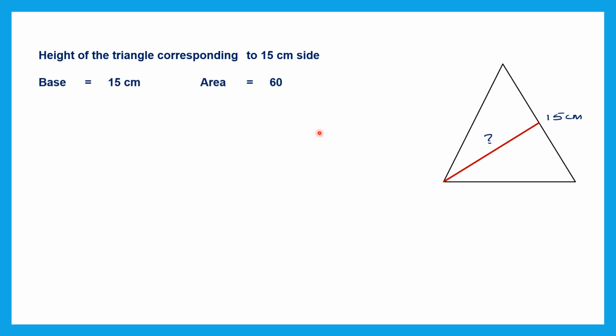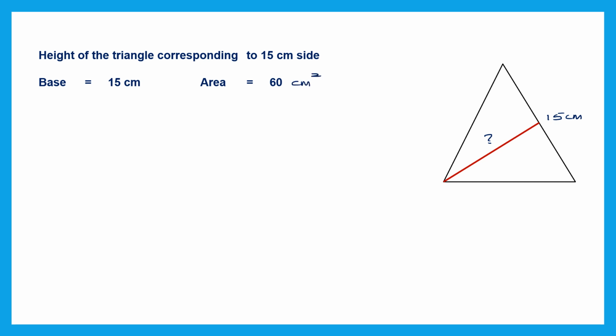Now we're going to find the height of the triangle corresponding to the 15 centimeters side. So this is the 15 centimeters side and this is the height that we have drawn starting from the opposite vertex. So this is the height that we are going to find. So what is given to us? Now base, we're going to consider this side to be the base and area, which is found out to be 60 centimeters square.